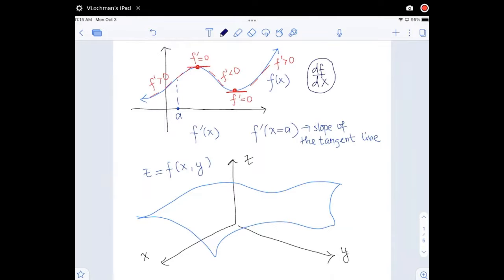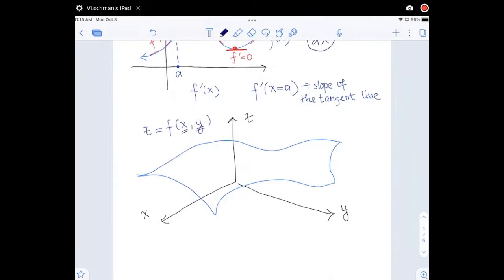Well, there's nothing else to take it with respect to. Now we have two variables, x and y, so we will be able to compute partial derivatives. First, let's talk about notation. Then we'll talk about what it means, and then how to compute it.